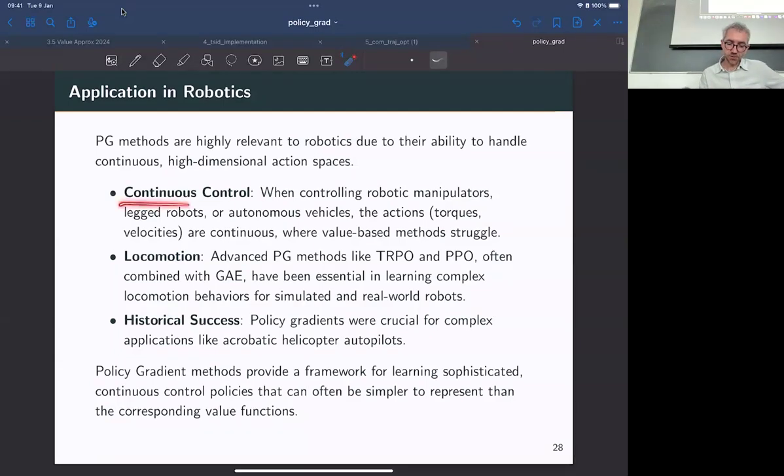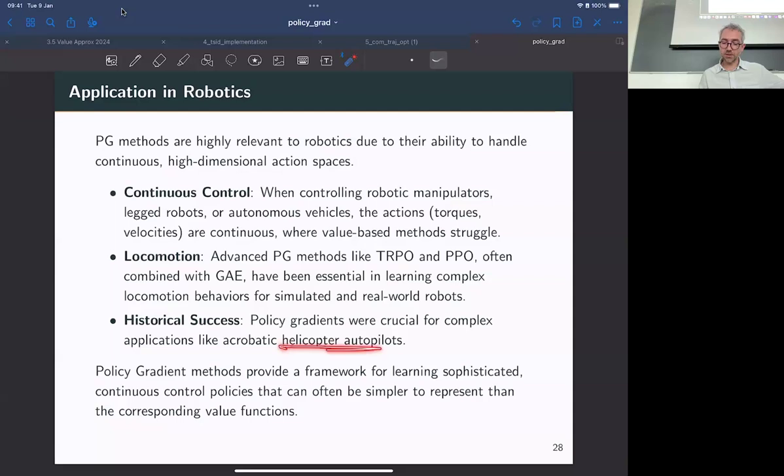They can handle continuous control. They've been applied a lot to solve locomotion problems for quadrupeds or bipeds, trained in simulation and then deployed directly on the real system with no fine-tuning. That's been a lot of success.